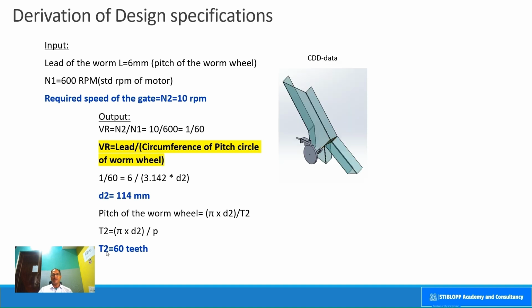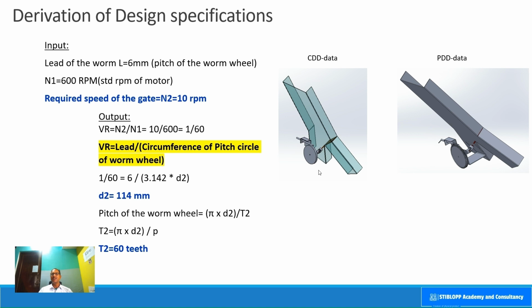Now I will just show you. This is the concept design and development data where you don't have anything. None of the teeth are cut on the worm or the worm wheel. And this is the preliminary design and development data where you can see that the teeth are cut and also we have the hook joints. So this is all about the derivation of the design specifications from the functional requirements.